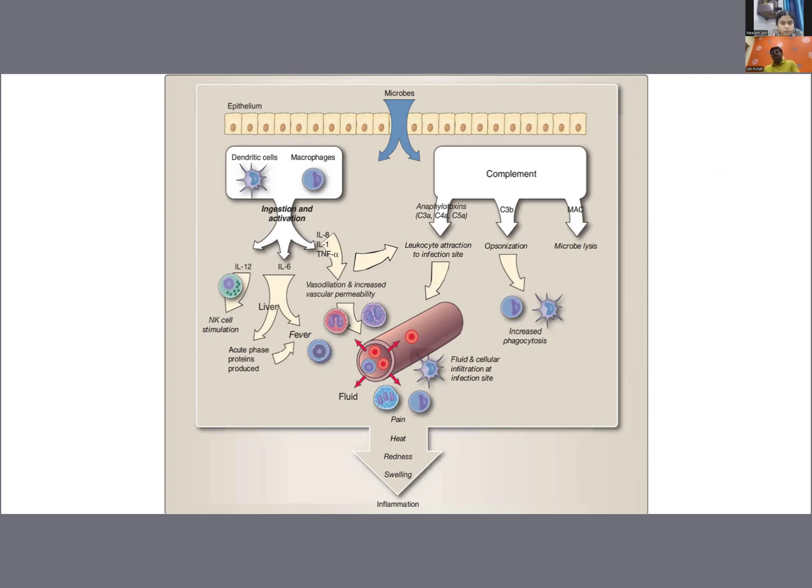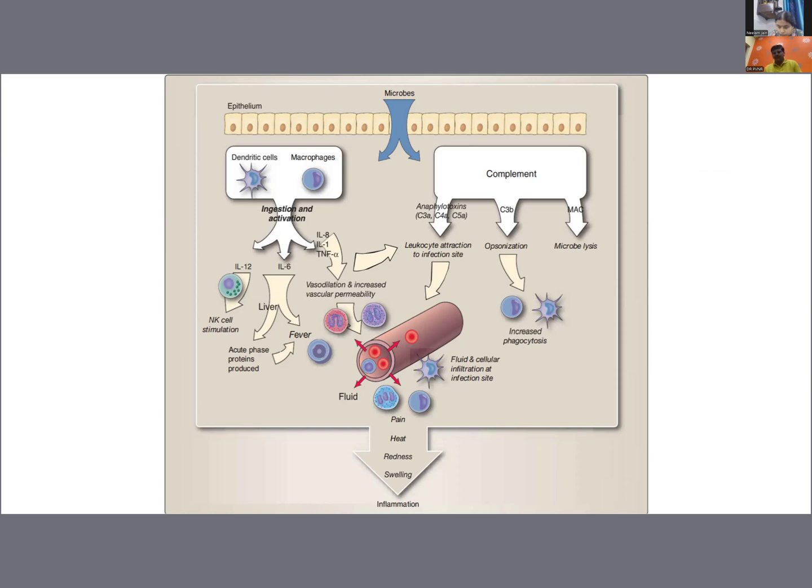So that's causing the fever, and the fever is the symptom that we see because of the inflammation, because of the antigen and the host immune mechanisms interaction. It causes vasodilatation, that means increasing the size of the blood vessels.